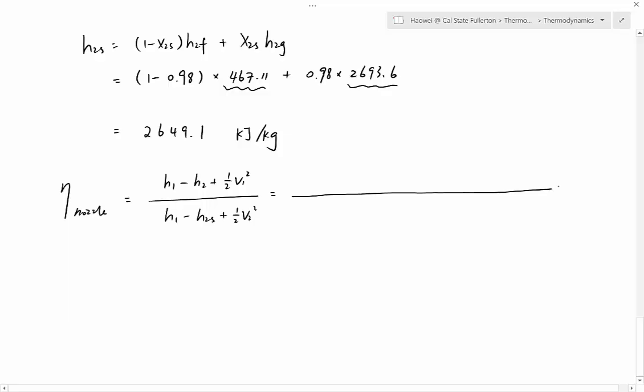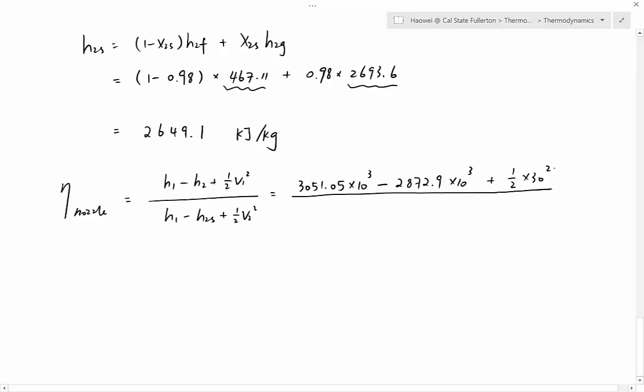Be very careful here when you plug in the numbers. Why? Make sure you use SI units. h1 is 3051.05 kilojoule per kilogram, so multiply by 1000 to convert kilojoule to joule. And then do the same thing for h2, plus 1 over 2 times v1 squared. v1 is given as 30 meters per second, SI unit already.